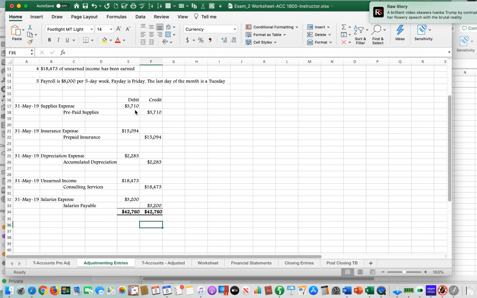Beyond that, most of the steps are simply copying what you've done in the journal. And if the journal entry is wrong, that error will go all the way through to the very end. So this is where you need to really hone your skills.